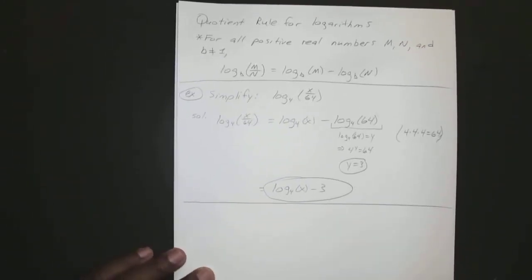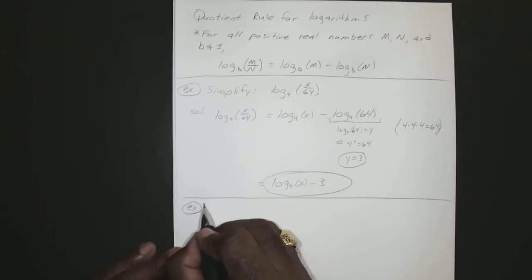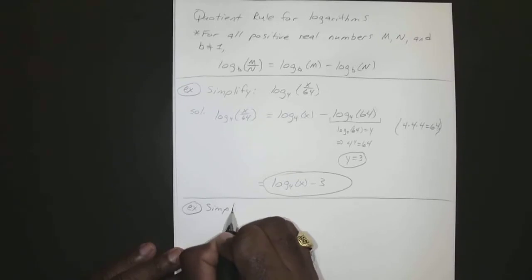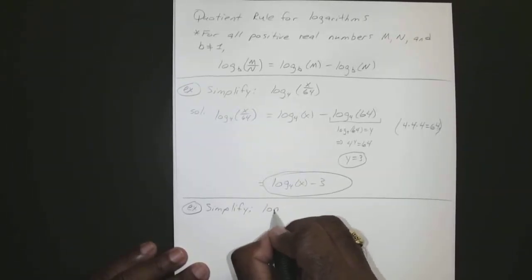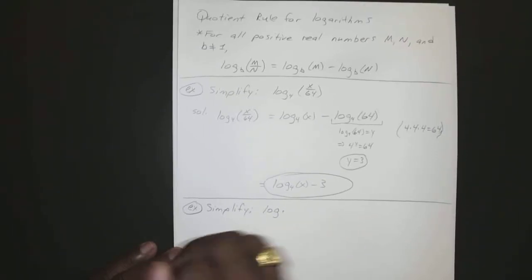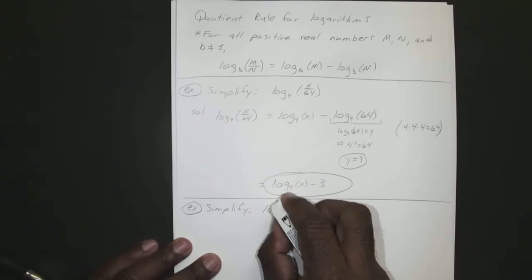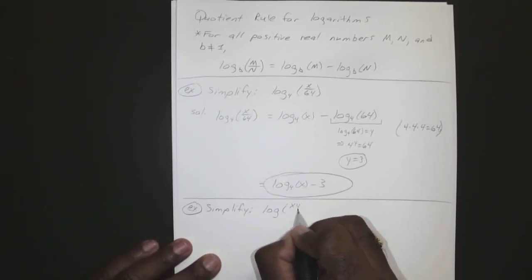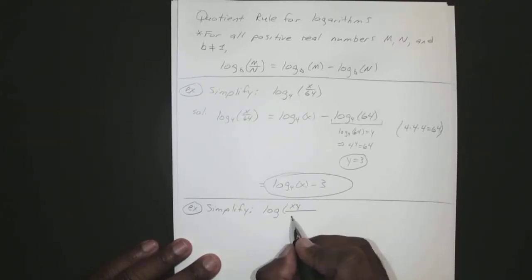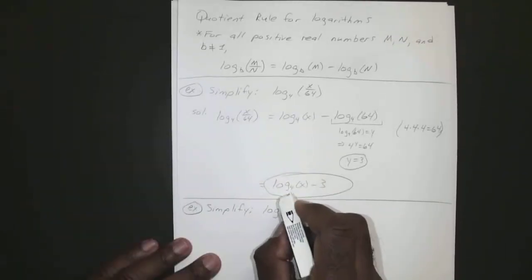Let's say, for example, if we wanted to simplify log of xy over 10z. Should have had bigger parentheses in front.